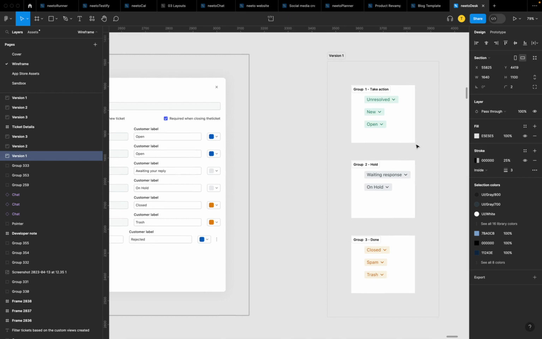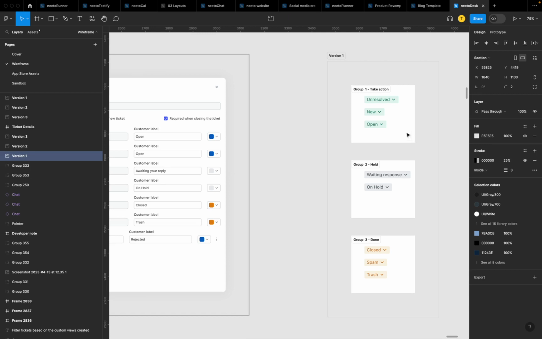So just by looking at the color itself, the agent should be able to identify that they need to take some action, or this ticket is right now on hold, or basically they don't have to take any action at the moment. And the third one is done, which means everything is done and closed.